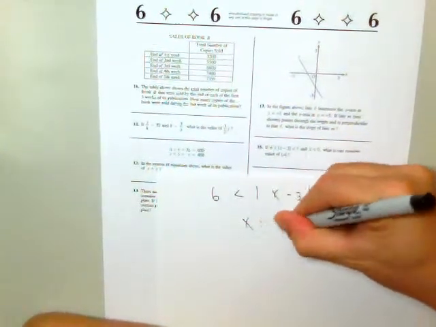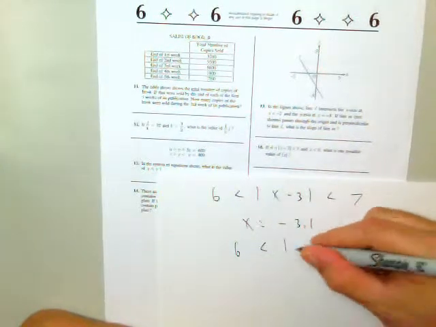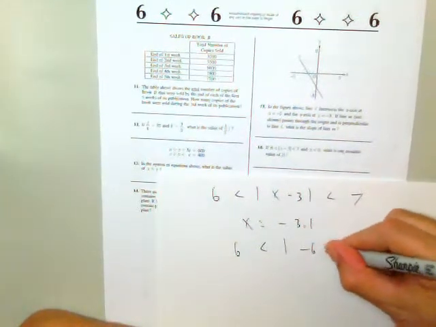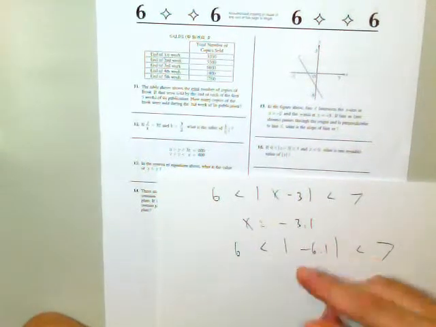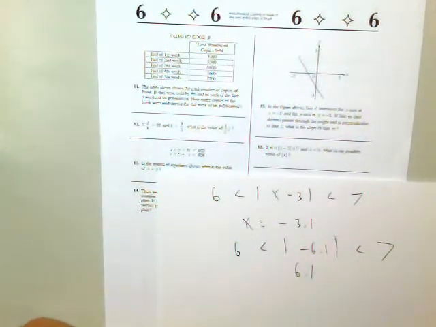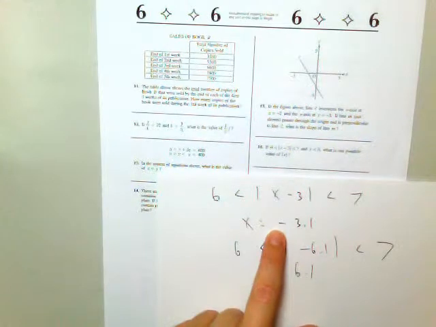Well, if x is negative 3.1, then I have 6 is less than negative 6.1, the absolute value, is less than 7. So the absolute value of negative 6.1 is 6.1. The answer is any number greater than 6 and less than 7. I'm sorry. Any number greater than 3 and less than 4.